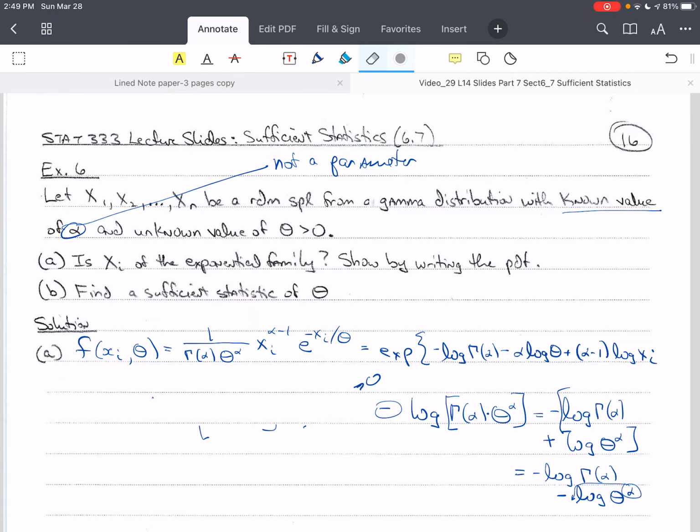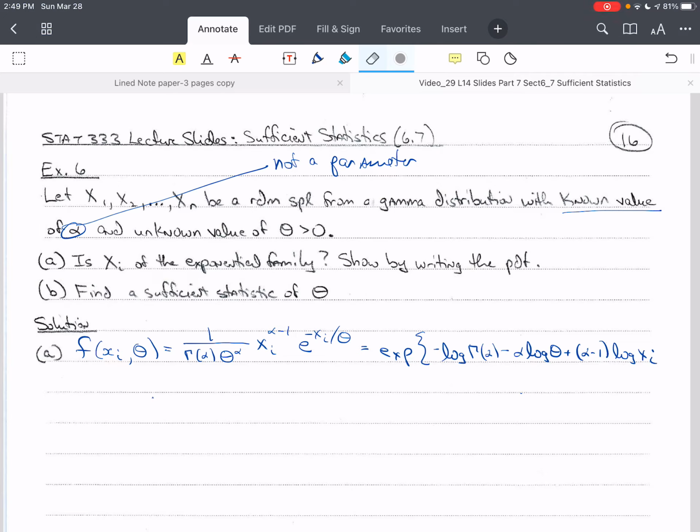Let me erase here quickly. I hope that if I go too fast for you, you'll stop the video and do it for yourself and make sure. So x sub i to the alpha minus 1 becomes e to the log of x sub i to the alpha minus 1, so this exponent part becomes alpha minus 1 times log of x sub i.